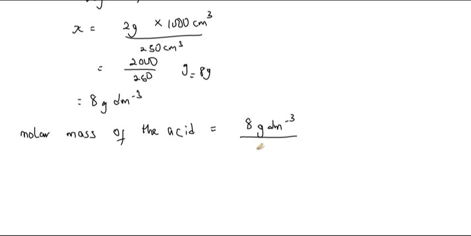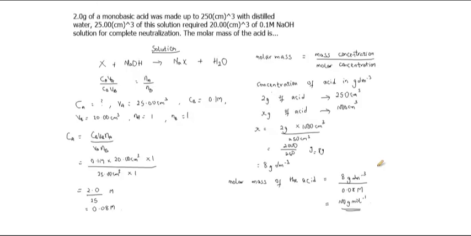So divided by 0.08 molar, here we have our answer to be 100 grams per mole. Let's not forget that molar is the same thing as mole per dm³. So that's how we come about the units to be grams per mole. So here now we've answered the question. Hence we can say the molar mass of the acid is 100 grams per mole, and that will be all on that.